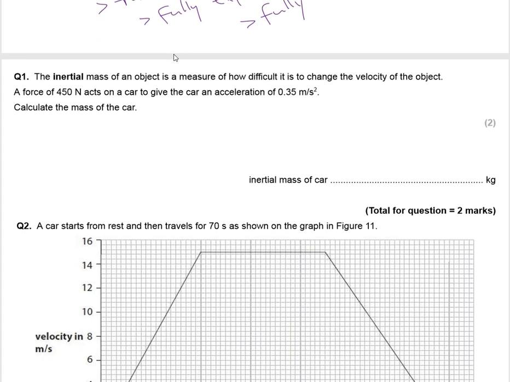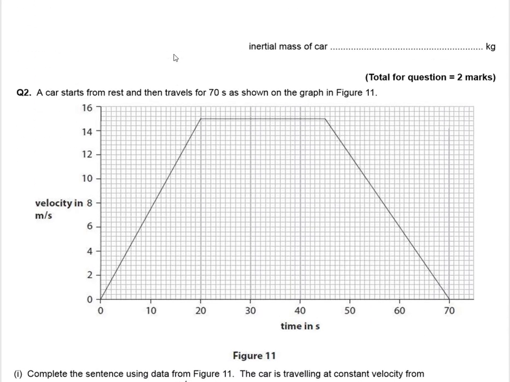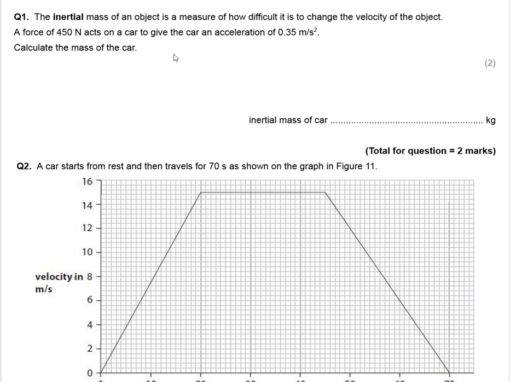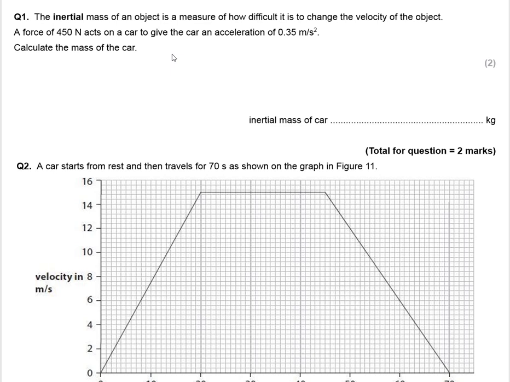Now, equations, we need to remember them and know how to use them. And then, of course, there are a few ideas in physics which we want to make sure we understand, how the world works. First of all, for this question, we need to remember that F is equal to ma. So force is equal to mass times acceleration.